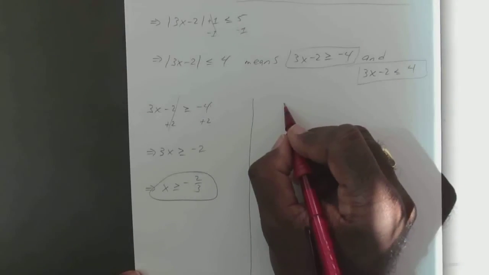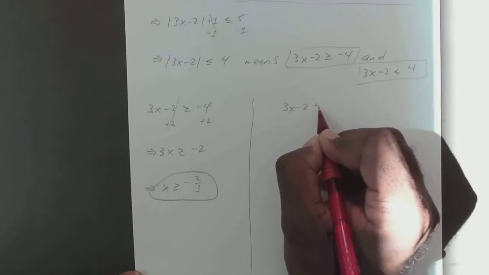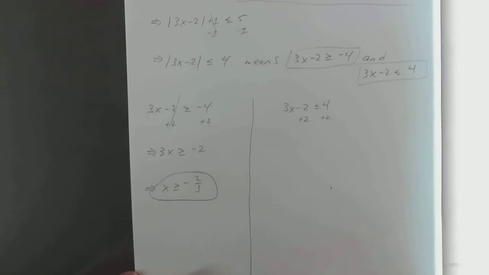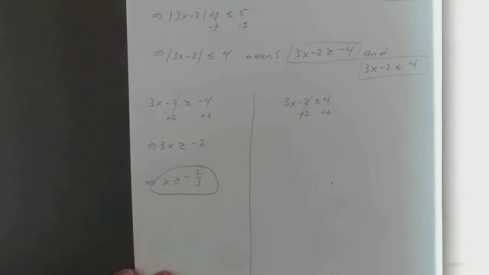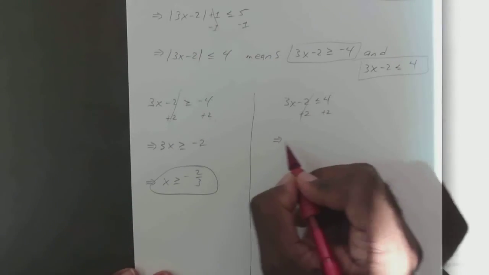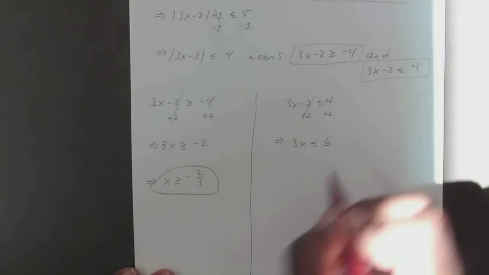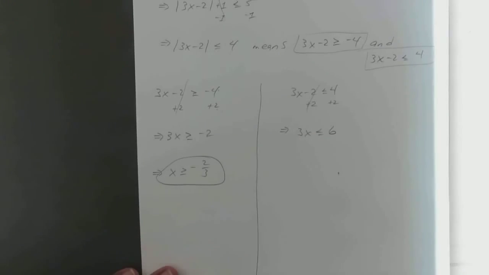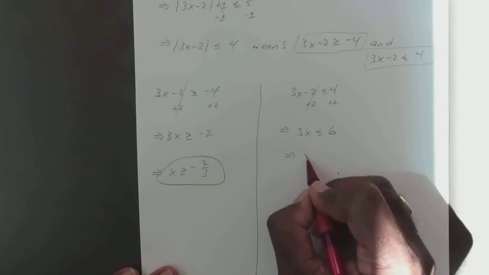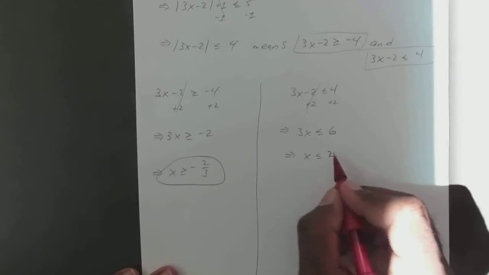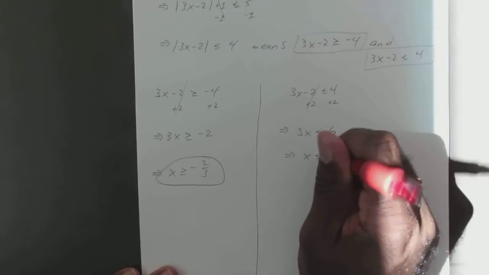Okay, so 3x minus 2 is less than or equal to 4. We add 2 to both sides. Those two cancel out. That leaves us with 3x is less than or equal to 4 plus 2, which is 6. Divide both sides by 3. You have x is less than or equal to 2.